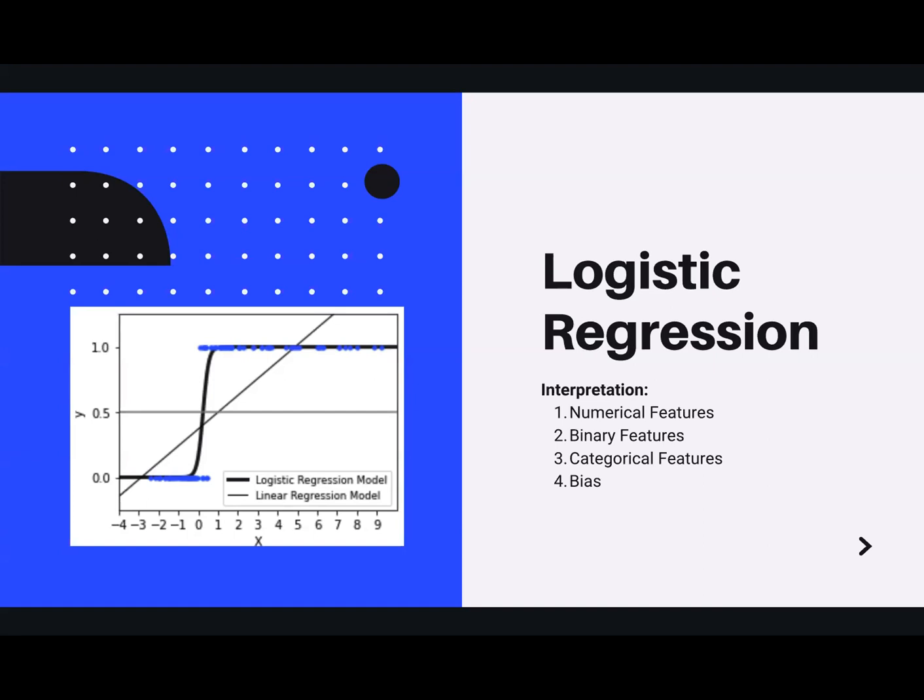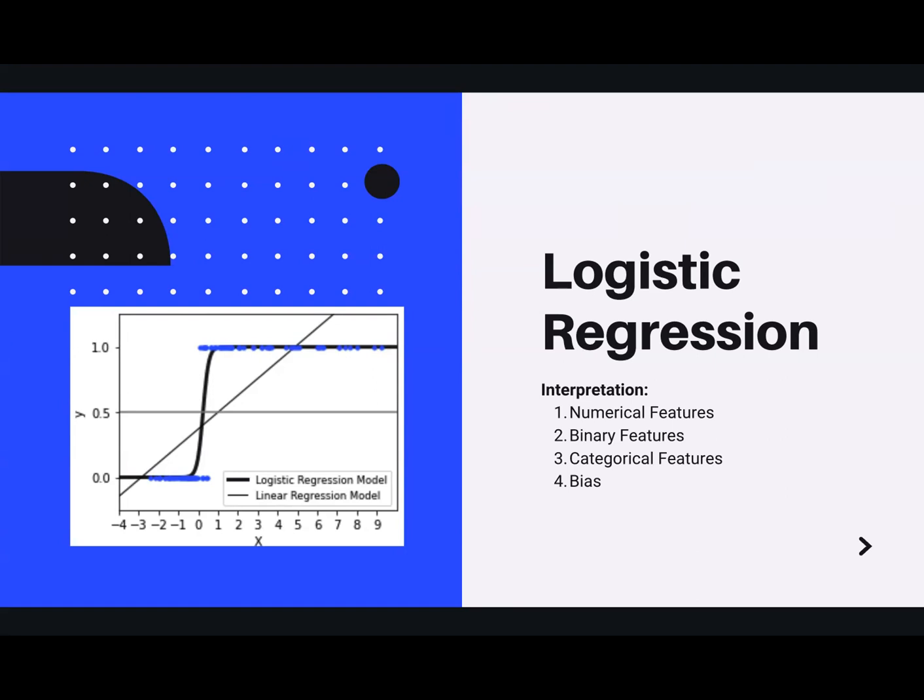You have a couple of coefficients and you keep on adjusting them until you reach the lowest, what is it called? MSE, right? Mean squared error possible. How does the trained model make its predictions? Also very easy. It just takes the inputs, multiplies them with their coefficients, and then does the summation. There you go. That's logistic regression.